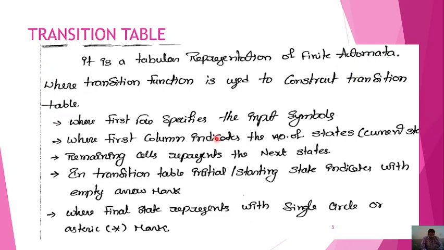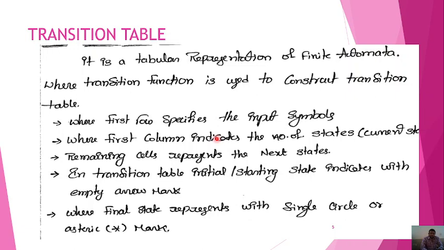Now we can observe one more representation of the finite automata, which is the transition table. In this representation, we can represent the finite automata in tabular form. In the transition table, the first row indicates the total possible inputs.